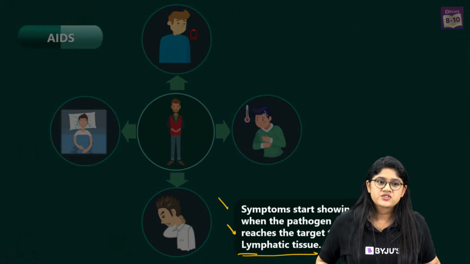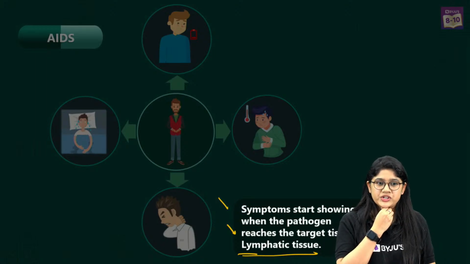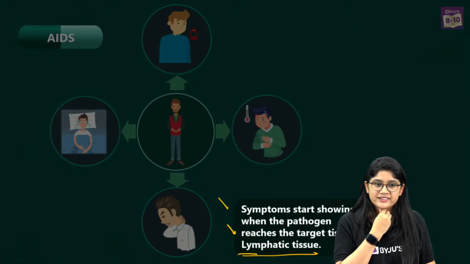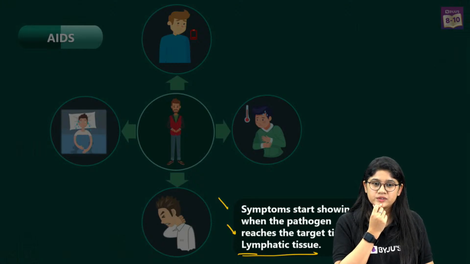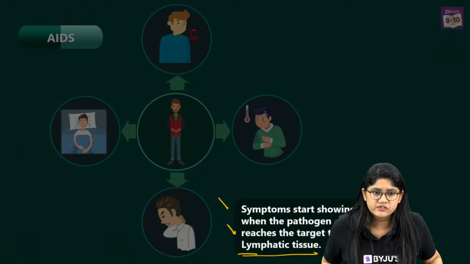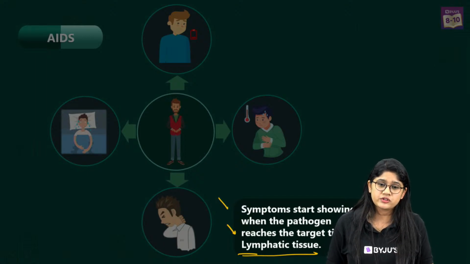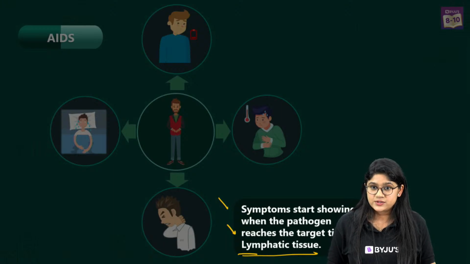Very good. Shraddha, I have answered your question. Very good, Ashish. Okay, great. Sheetal is asking whether AIDS passes from an infected mother to children during pregnancy. There are chances of it.